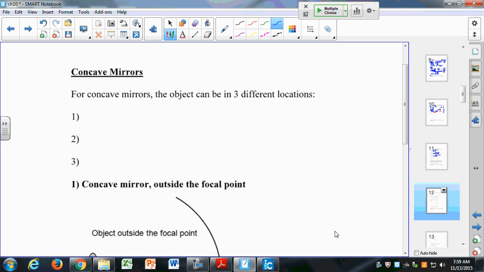For a concave mirror, the object can be in 3 different locations. You can have it outside the focal point, inside the focal point, and at the focal point. All right, if it's outside the focal point, you're going to get a real inverted image.